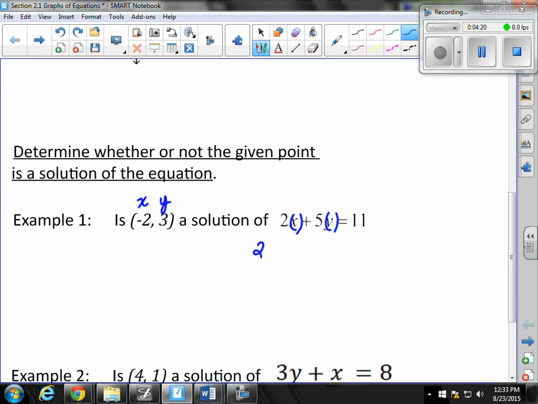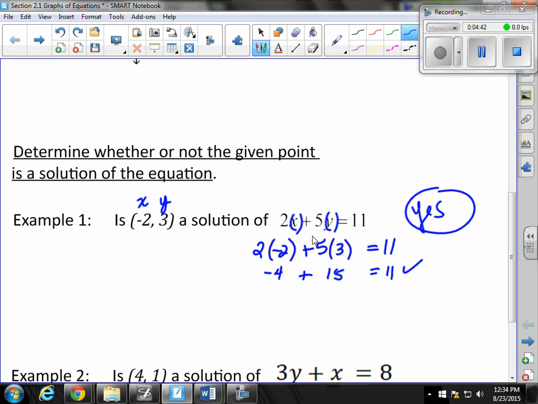So I have 2(-2) + 5(3) = 11. I want to know, is that a true statement? Is -4 + 15 equal to 11? Yes, it is. So is this a solution of the equation? My answer is yes.